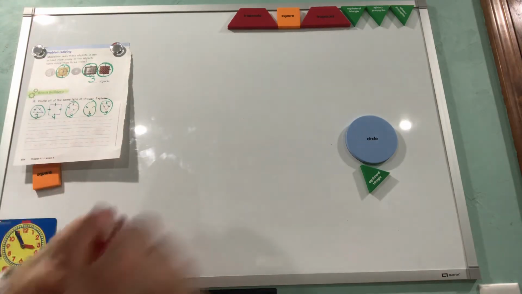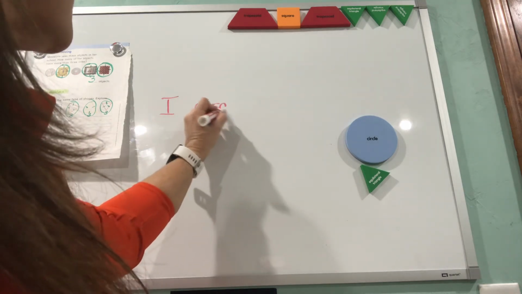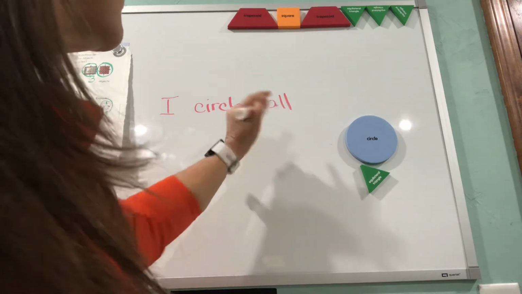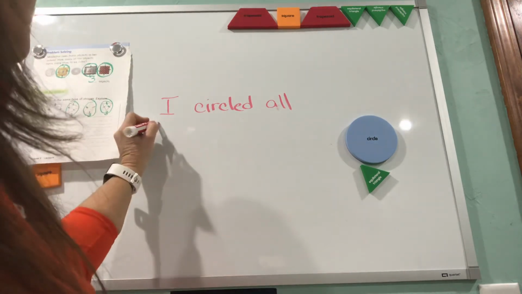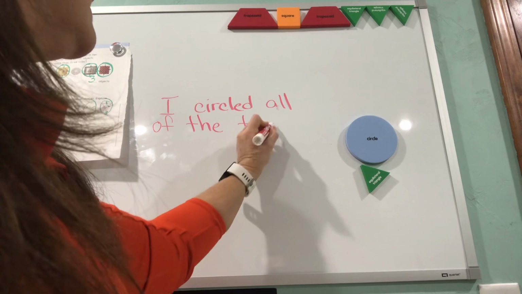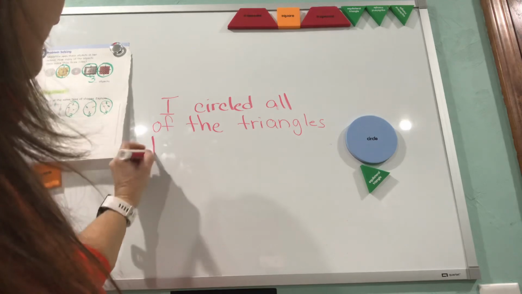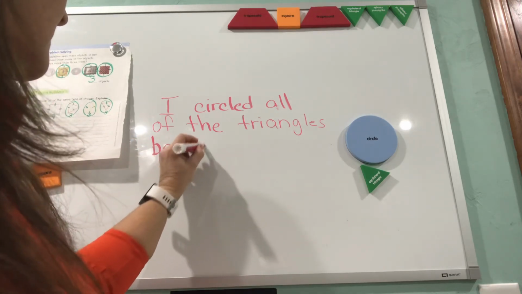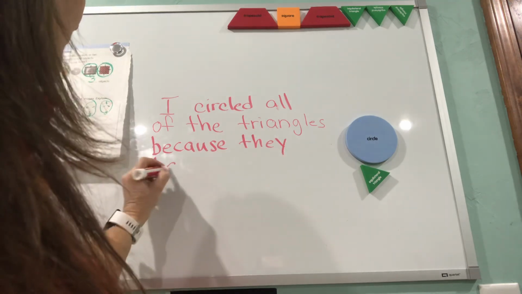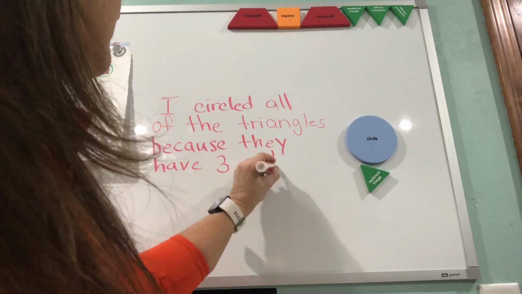So I'm going to say, I circled all of the triangles because they have 3 sides.